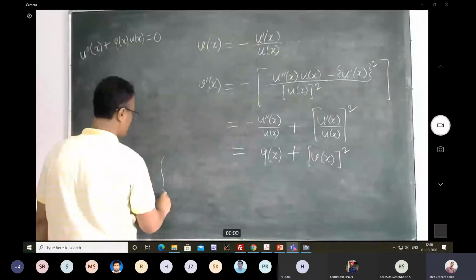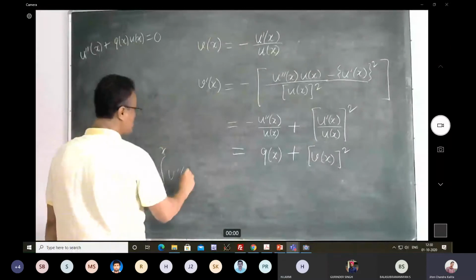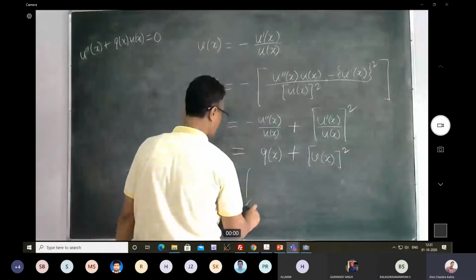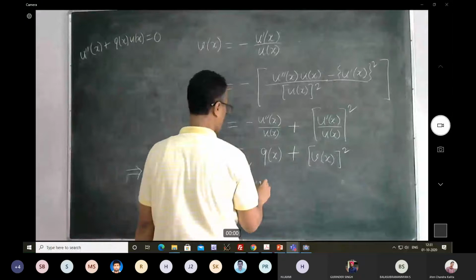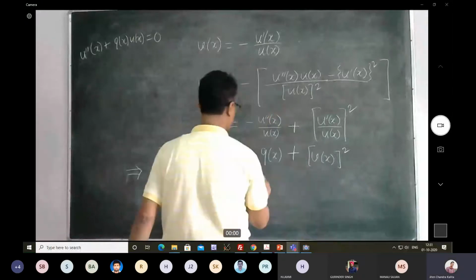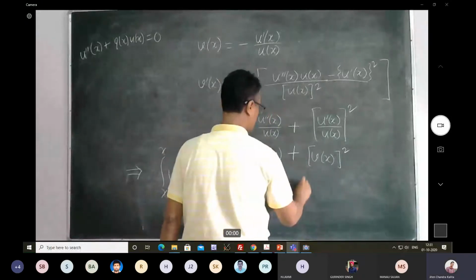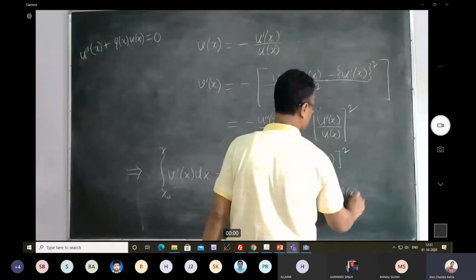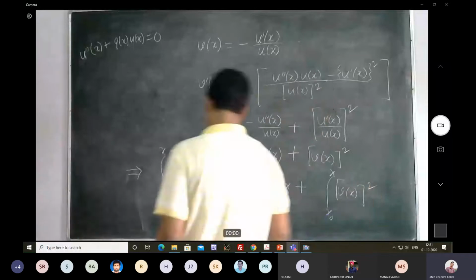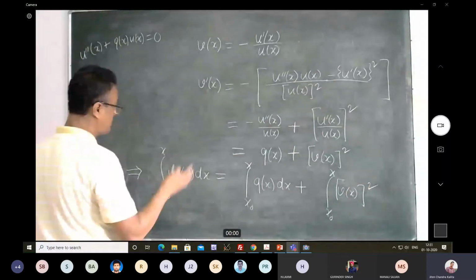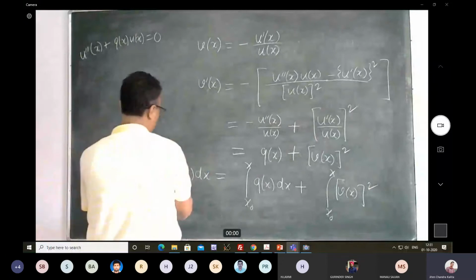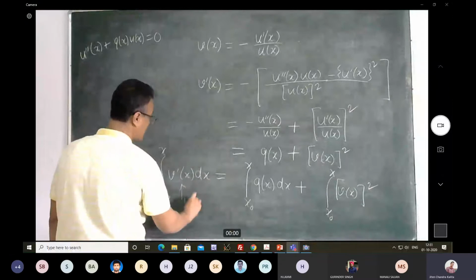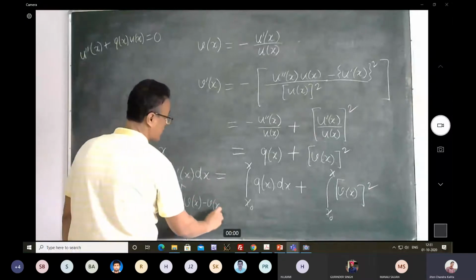So now, if I integrate v prime x between x naught and x, whole square, and from here, just a minute, I can simply replace this eventually by v x minus v x naught, isn't it?